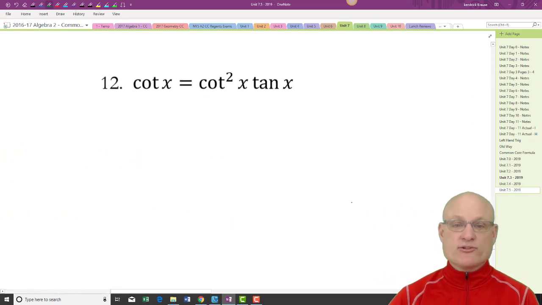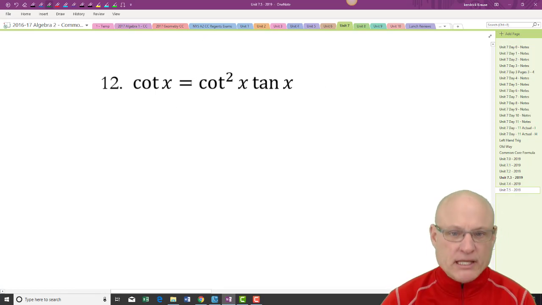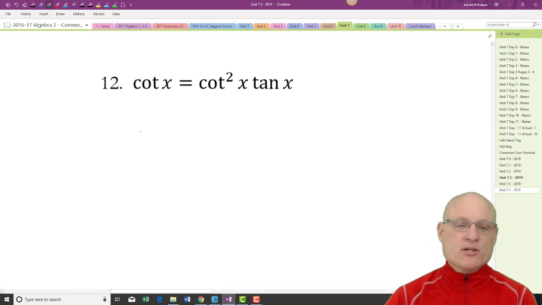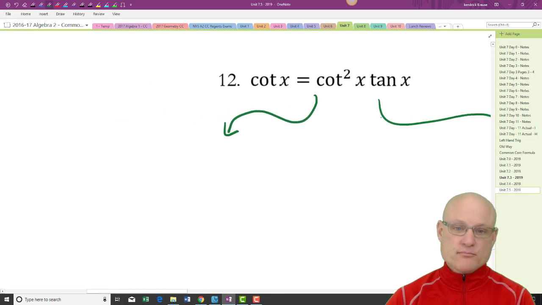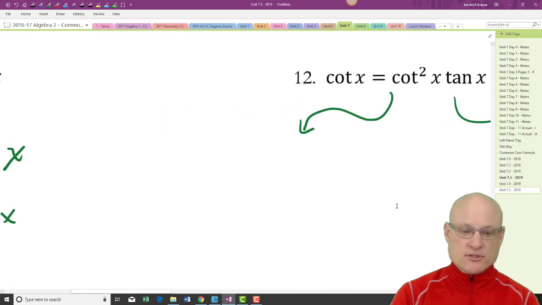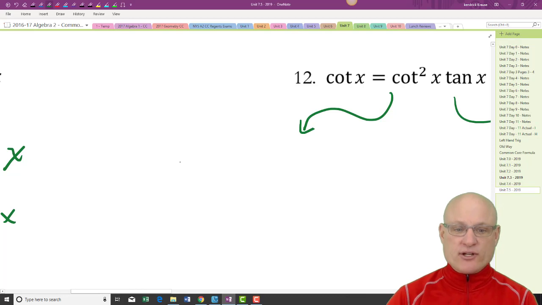Ooh, we got us an issue. Well, maybe we do and maybe we don't. So I'm going to do this 2 ways. I'm going to do it the hard way first, and then I'm going to do it the easy way. So let's do it the more difficult way. You can see that. So cotangent x is just cotangent x. Can't mess with that.